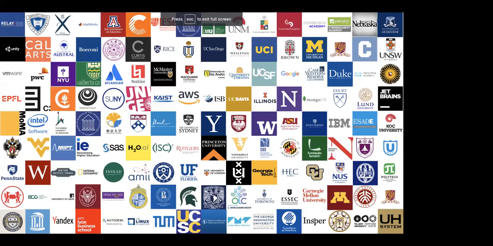Again, there are a lot of logos here, but as you can see, we work with 175 plus universities such as University of London, Princeton University, Georgia Tech, University of Washington, Copenhagen Business School, and many more such schools who create the content on Coursera so that anybody in the world can learn.